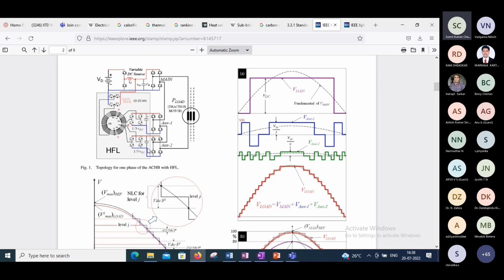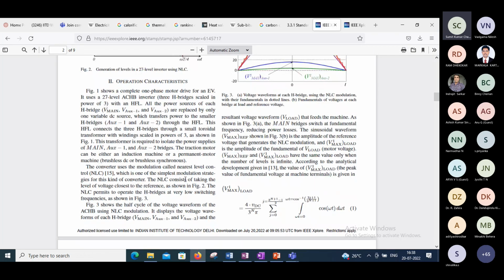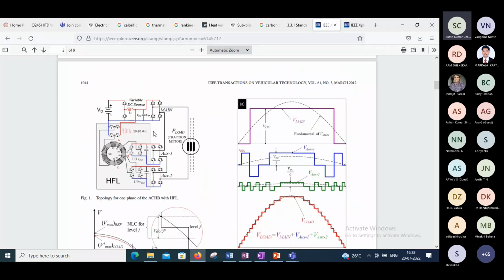But anyway, here in this paper, as I said, the power distribution ratio is very small. So the target is that there will be no dedicated power supply or battery for these auxiliary sources. Those will be fed by the main source only, through a smaller isolated DC-DC converter.